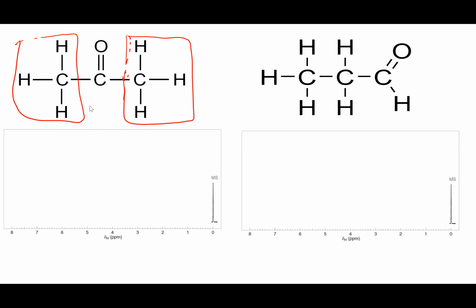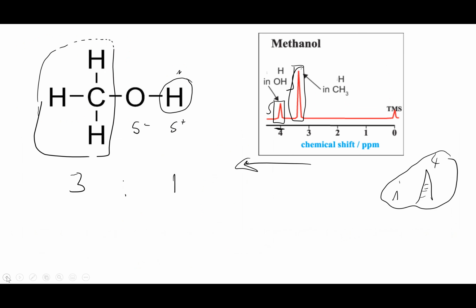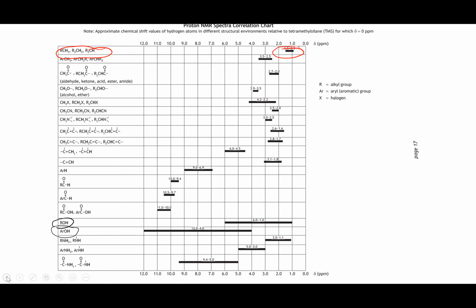And if we were to duck back to this and start looking here, this is where we're going to start to see these peaks. There's the carbonyl group here, and what we're looking at is a ketone, and you can see it's going to lie somewhere between 2 and 2.7.